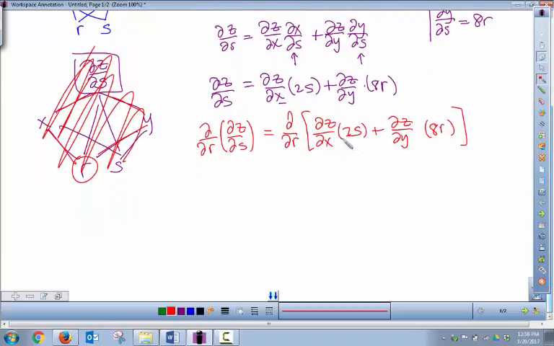Now, let's see. We need to handle these two derivatives, and this is probably where I want to take a look at dz/dx as a function of x and y, and again a function of r and s. So this one doesn't look so bad.